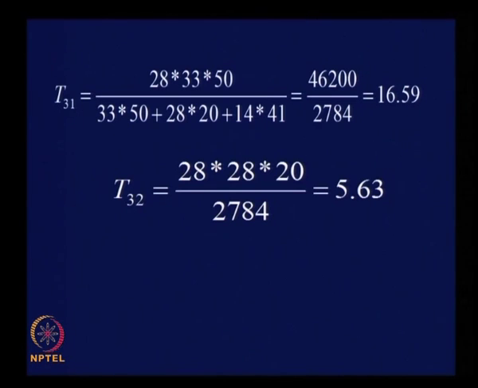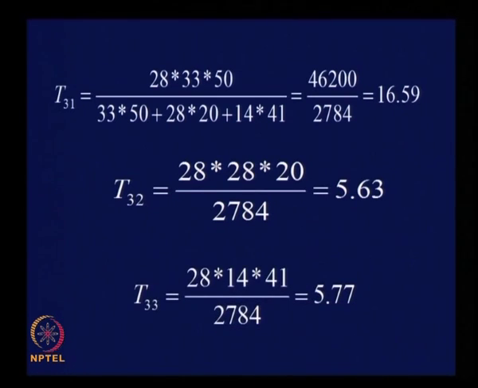T32 is 28 into 28 into 20 whole divided by 2784, that is equal to 5.63. T33 is 28 into 14 into 41 whole divided by 2784, 5.77, right.